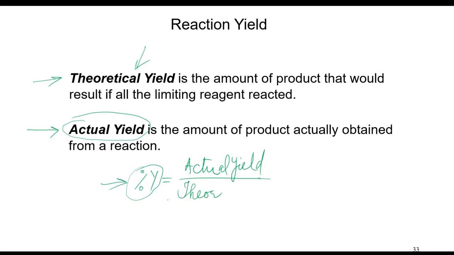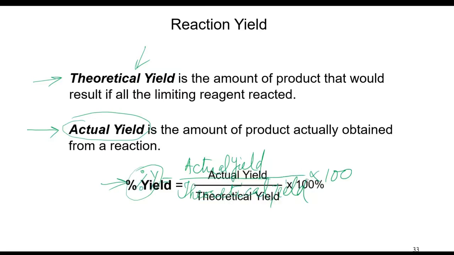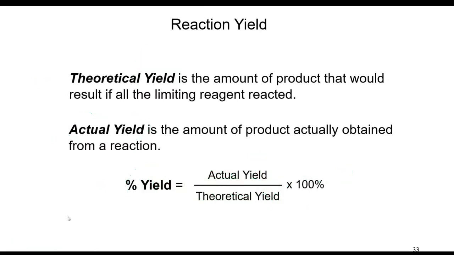So what is the formula for percent yield? Actual yield divided by theoretical yield, multiplied by 100. So your answer will be in percent yield. Oh, mashallah, it is already written here. Okay, friends. Now, how to get this percent yield?